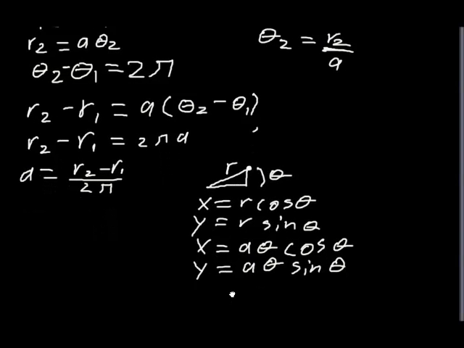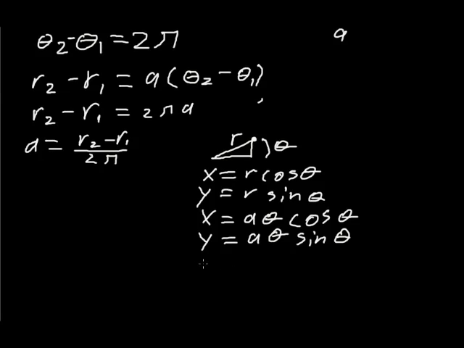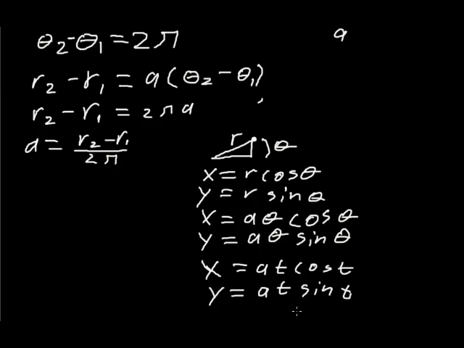And then just to match the SolidWorks notation, you can say x is equal to a t cosine of t, and y is equal to a t sine of t. So that's all we need to do mathematically.